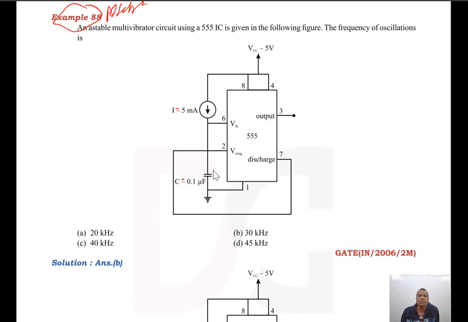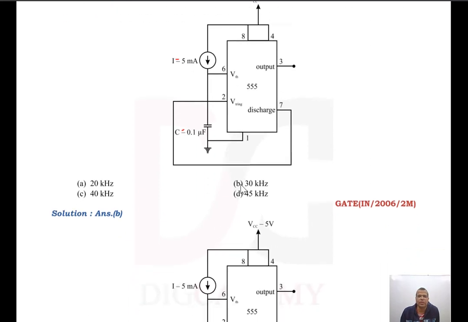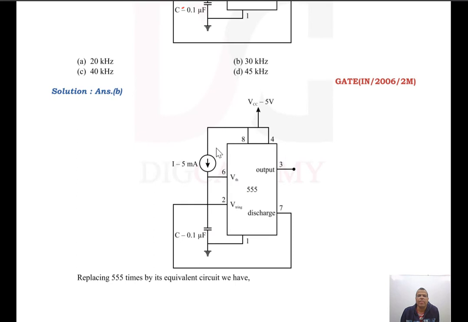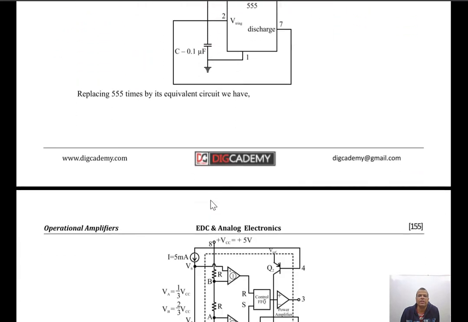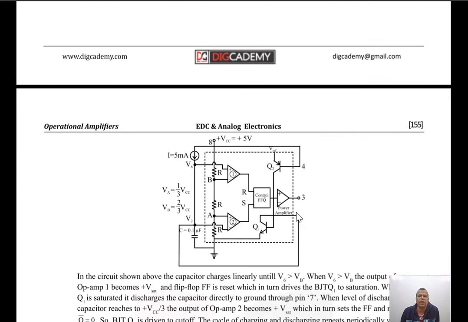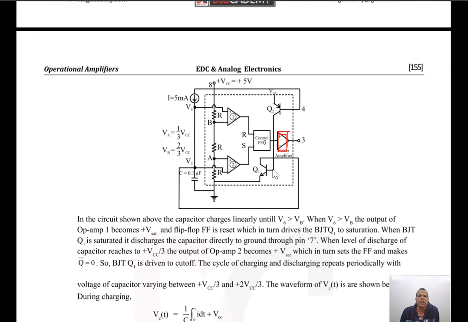Now let us see how to proceed. You can see the solution here. I am given the current source, so we know the expression of current through the capacitor. I have drawn the internal circuit: comparator 1, comparator 2, the control flip flop, then the power amplifier, and transistors Q1 and Q2.